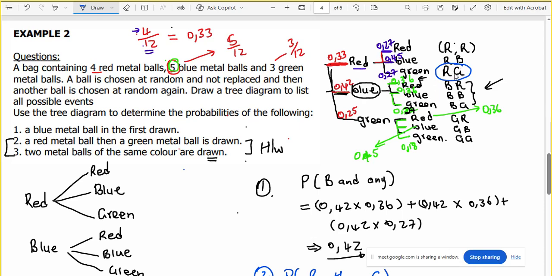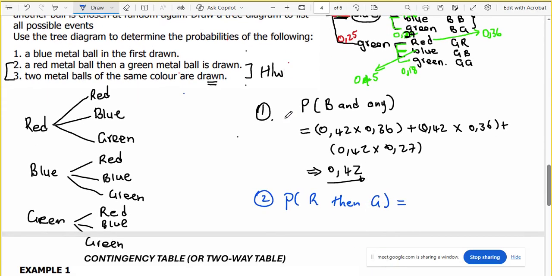And if there's only one that starts with red and green, then you multiply the two probabilities. So it will be 0.33 multiplied by 0.27. So your answer is 0.09. And that's it for this one. Okay.